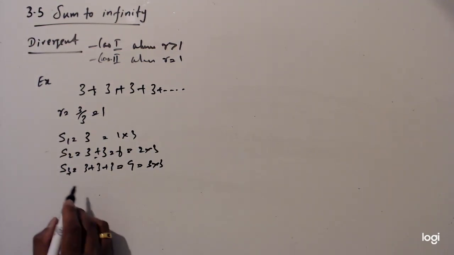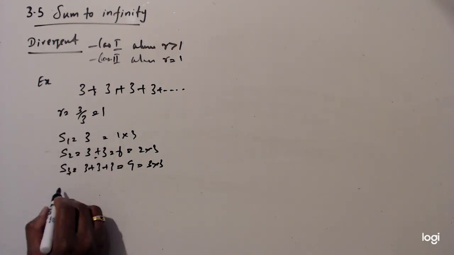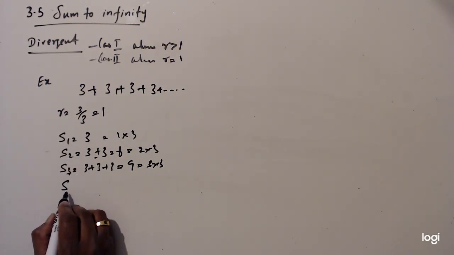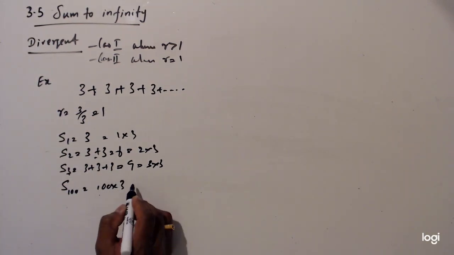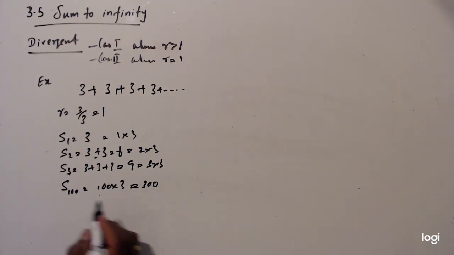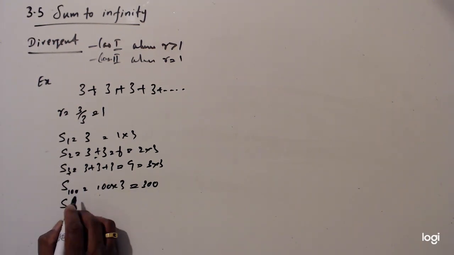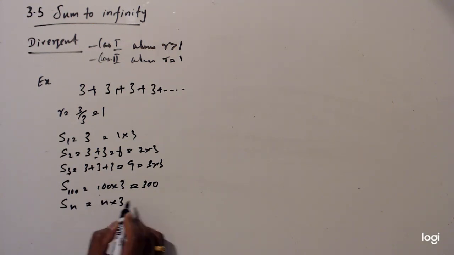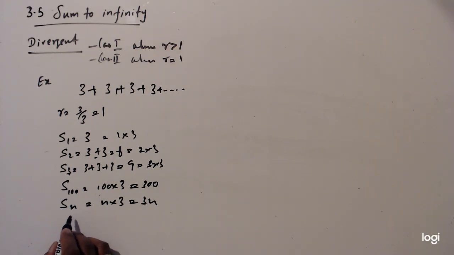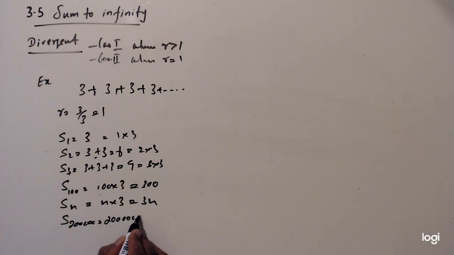This is an easy way of finding when r equal 1. So S100 is 100 times 3, that is 300. So likewise Sn, I can simply write n times 3, basically 3n. And S200,000 is 200,000 times 3.